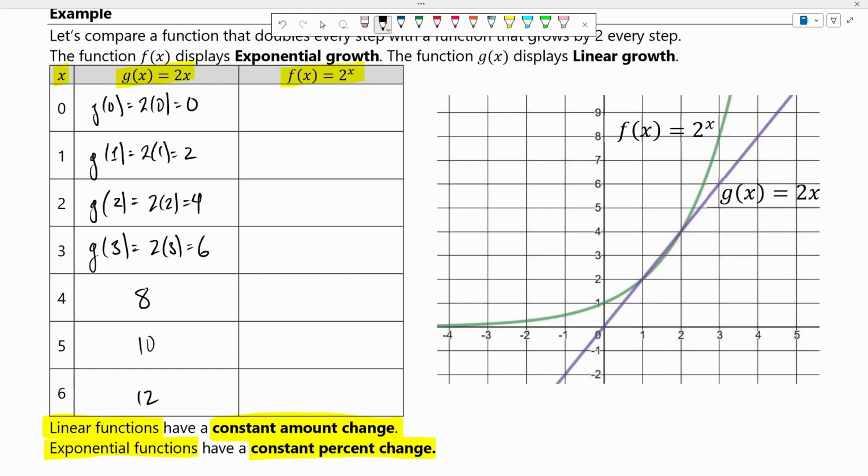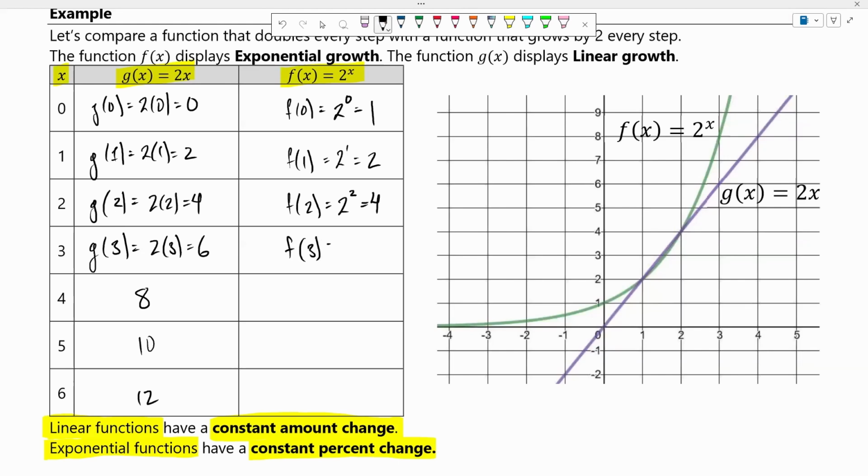Let's move on to f of x. So let's do f of 0, 2 to the 0. And we know from our rules, anything to the 0 power is always going to be 1. F of 1 is 2 to the first power, 2. F of 2 is going to be 2 to the second power, 4.